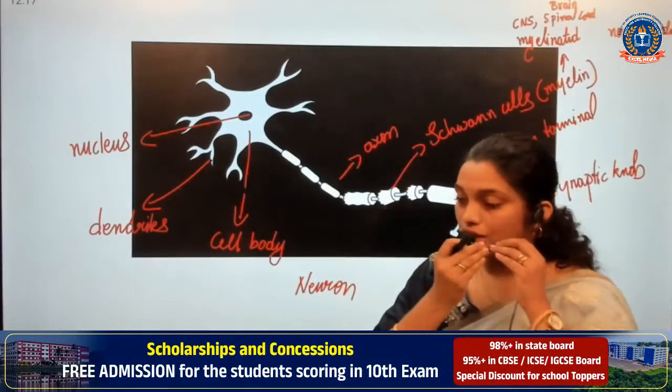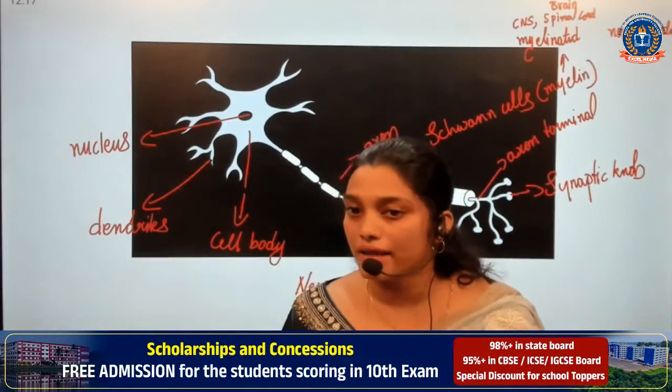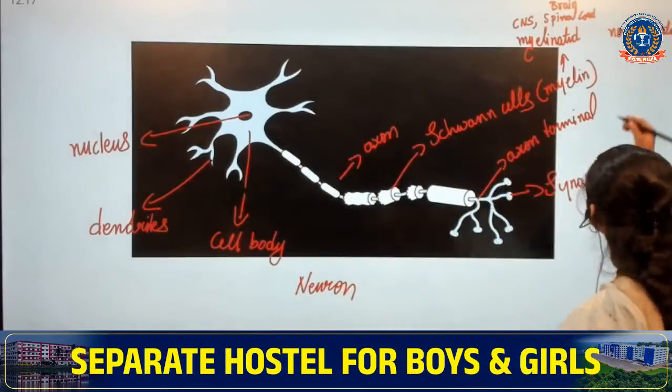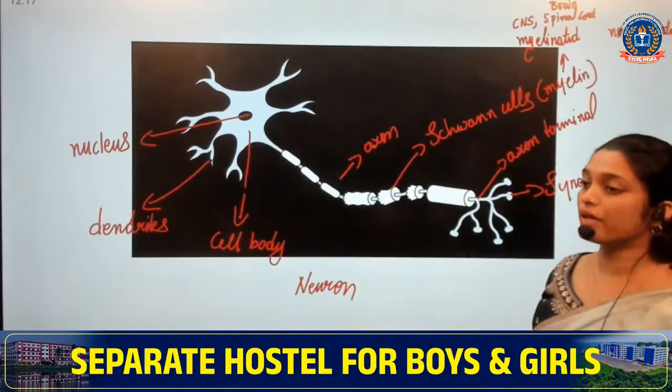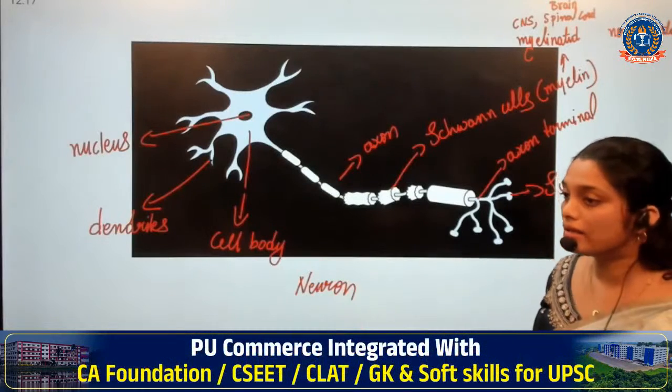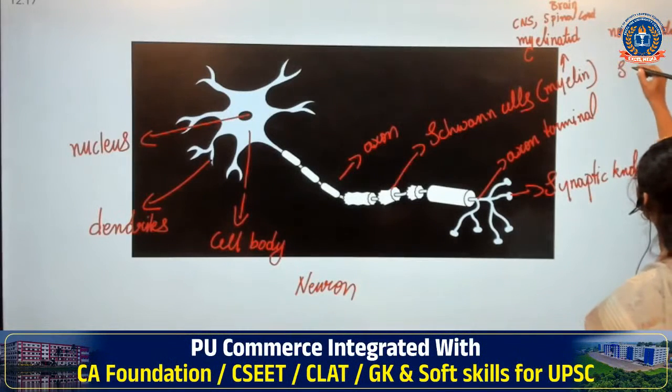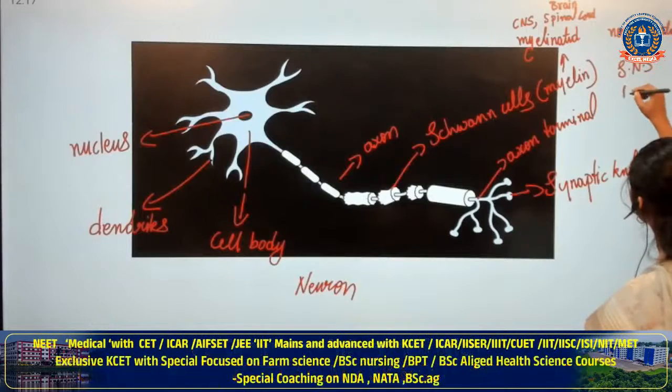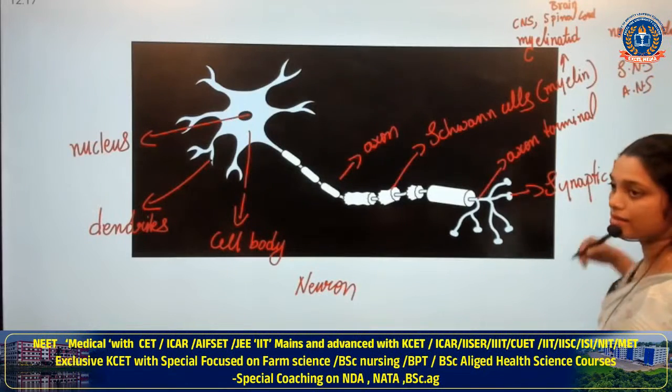Whereas non-myelinated neurons are found in the somatic nervous system as well as the autonomous nervous system.